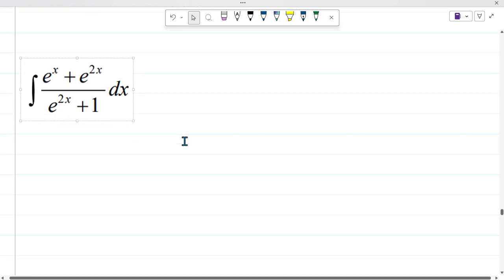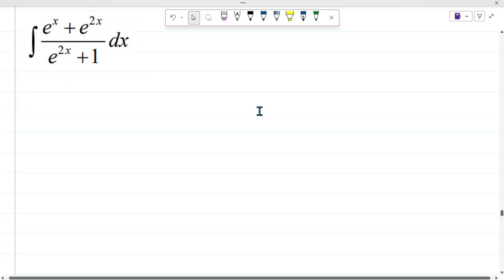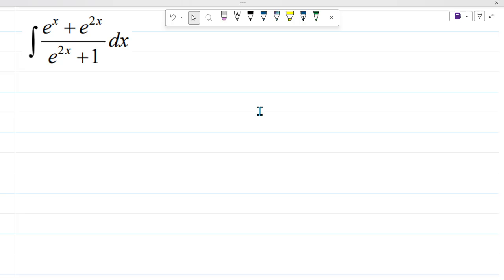Okay, now we have this guy here. It's e to the power x divided by what? It's e to the power x plus e to the power 2x divided by, what am I saying?